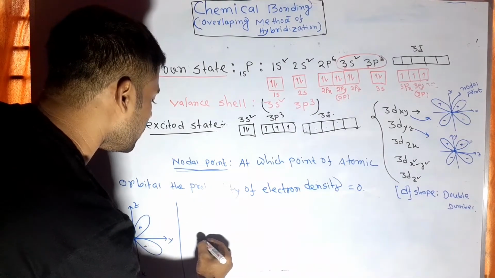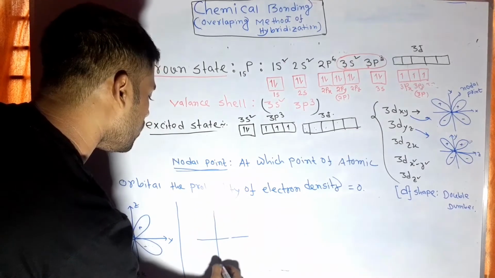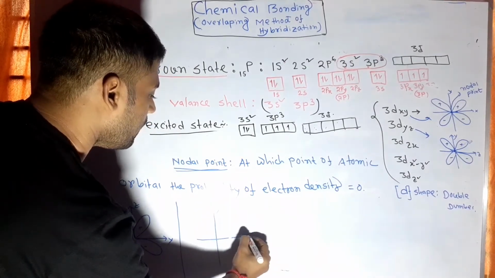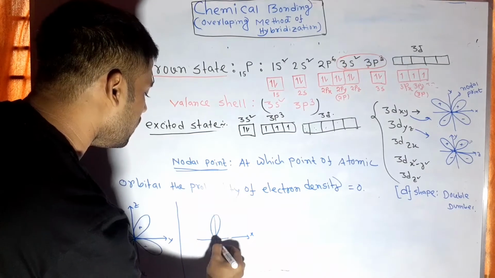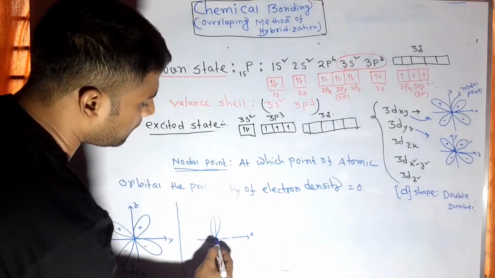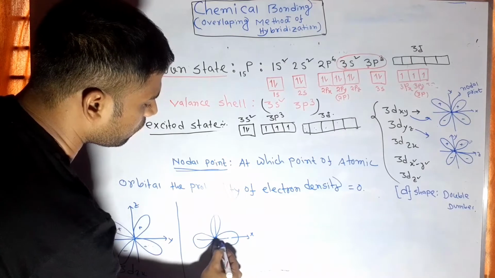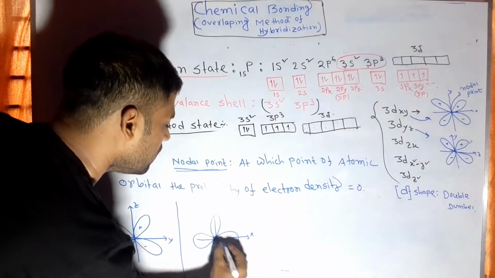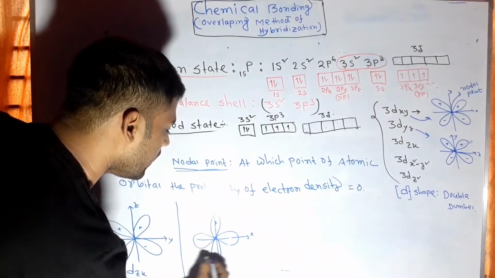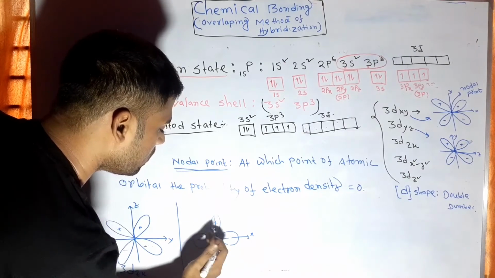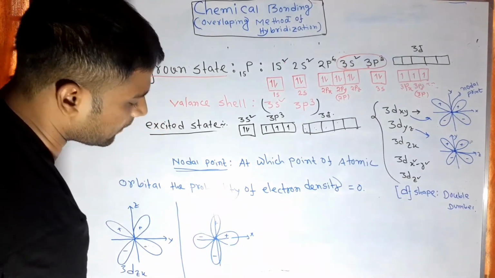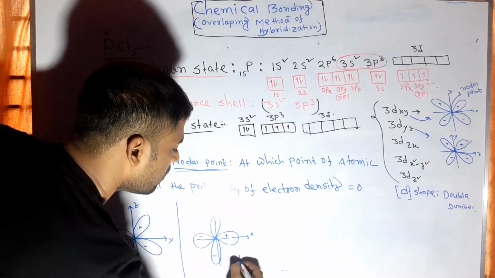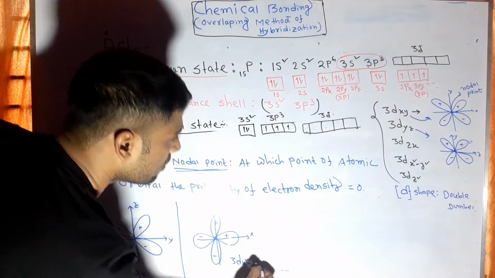This is the y plane, this is the x plane. This is one double dumbbell. This sign is positive, this sign negative, this one negative due to the negative x axis, and this is the positive axis, so positive sign. This is the structure of 3dx square minus y square.